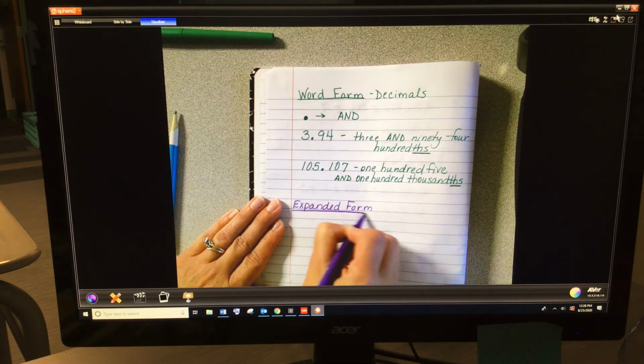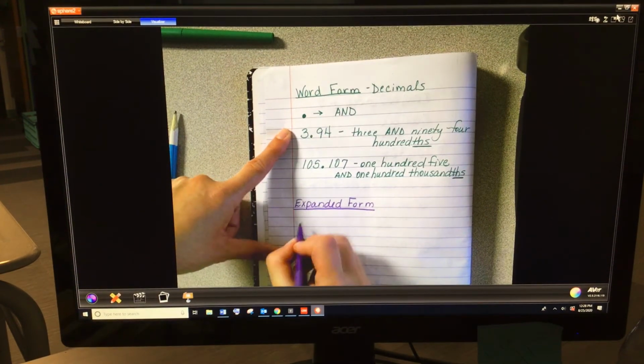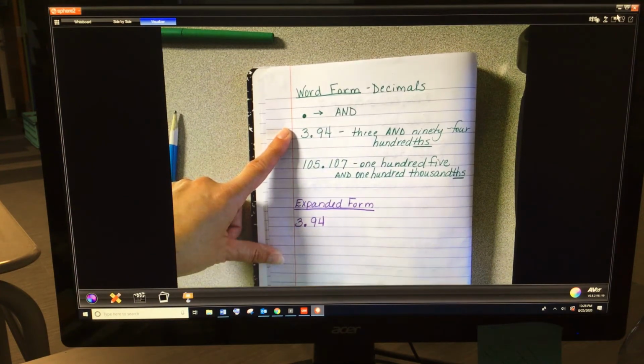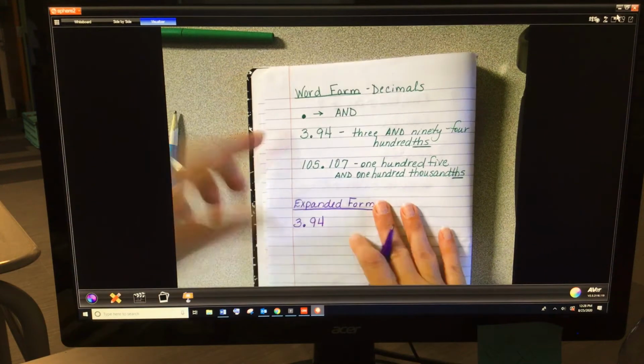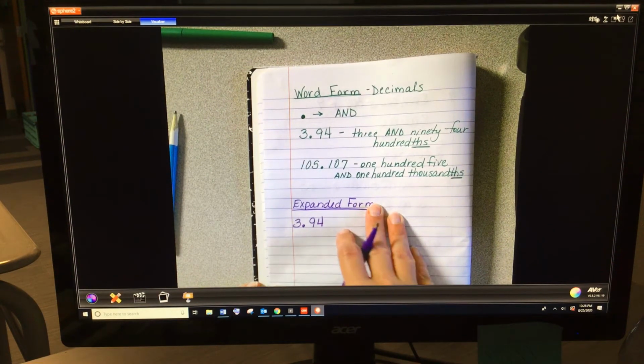I'm going to take the same number we used at the top, 3 and 94 hundredths. Now we need to write it with decimals.